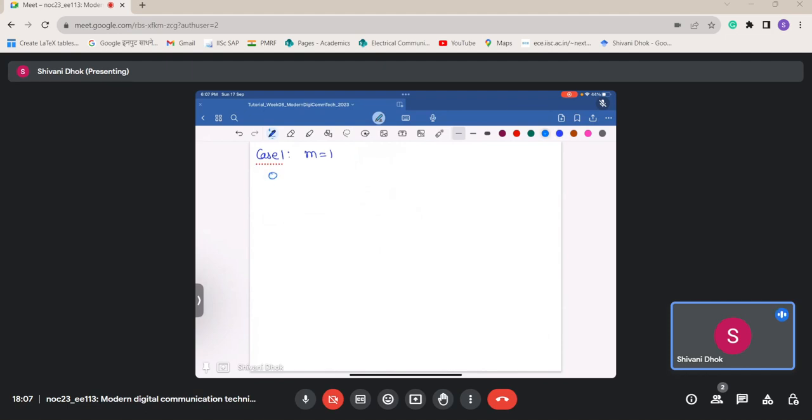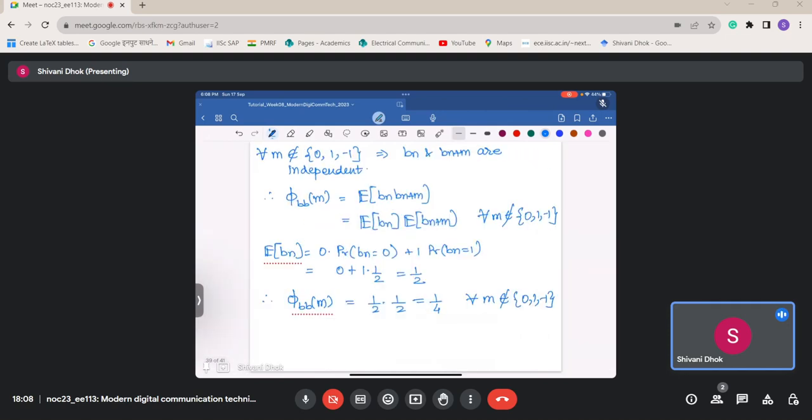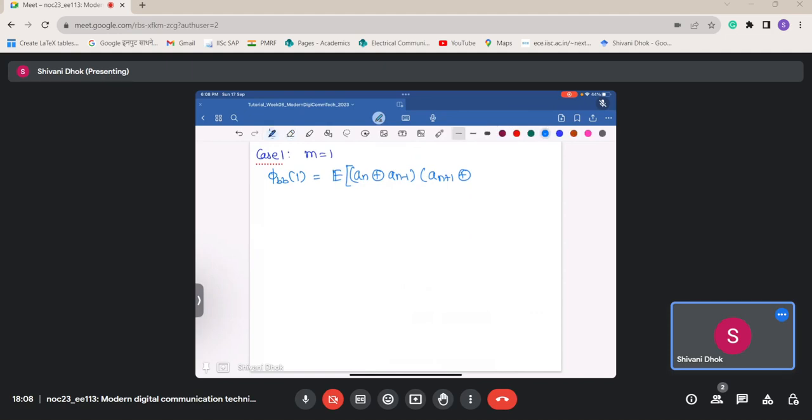So what do we have is this phi bb of m, or to be precise, this phi bb of 1 is simply expectation of an XORed with an minus 1 into an plus 1 XORed with an. Okay, so this is what we are having.